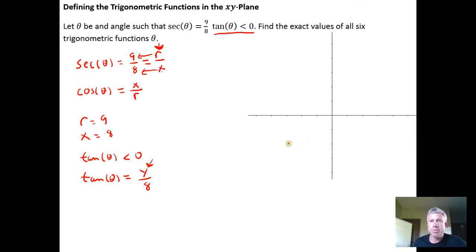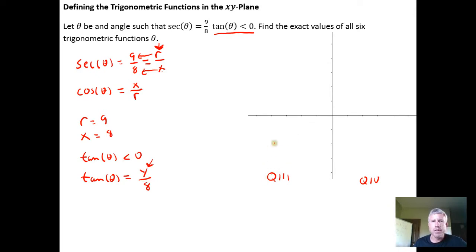And the only places where y is negative is if we're below the x-axis. So we're either over here in quadrant 3, or we're over here in quadrant 4. Those are the only two places we get a y value that's negative, which would make the tangent function less than 0.